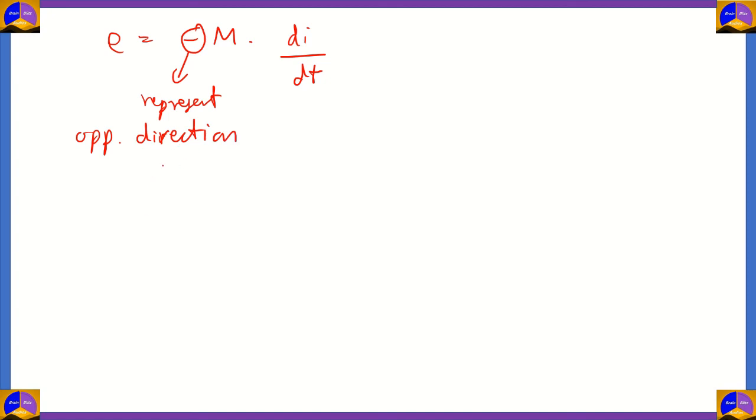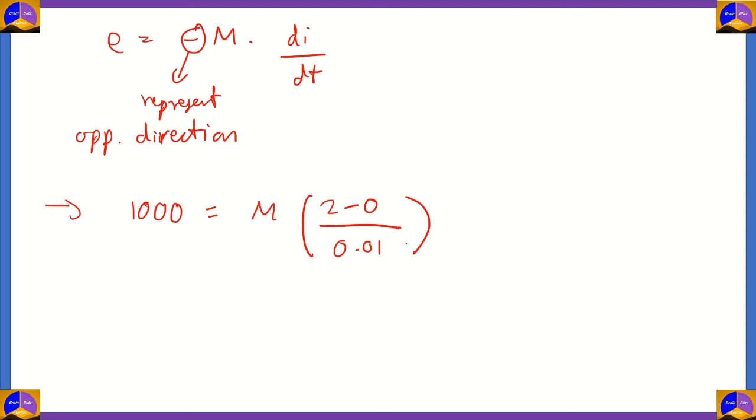So let's plug in the values. We have 1000 as the value for the EMF. M can represent the mutual inductance for now. di is 2 minus 0 divided by dt is 0.01.